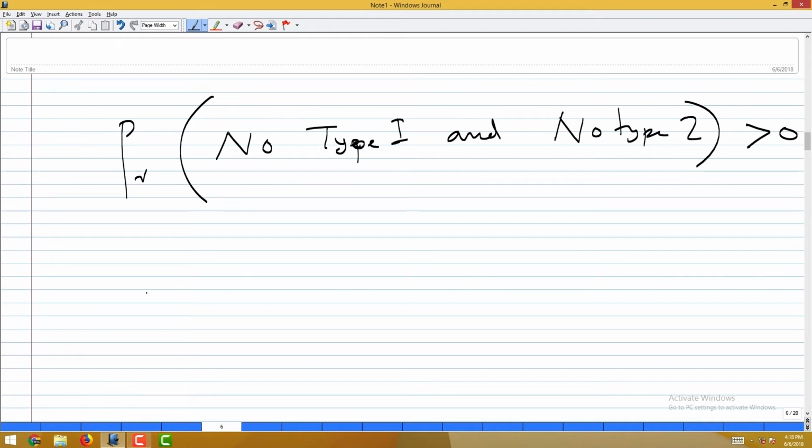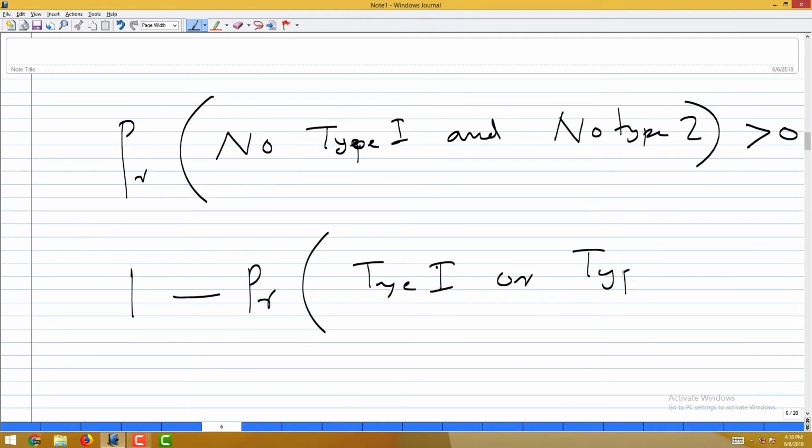We know that this is 1 minus the probability that type 1 or type 2 happens, because it is the complement of that.